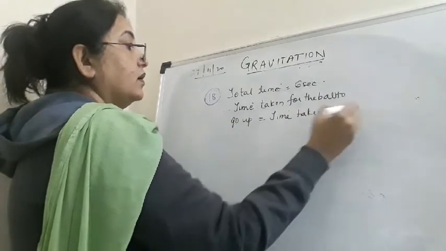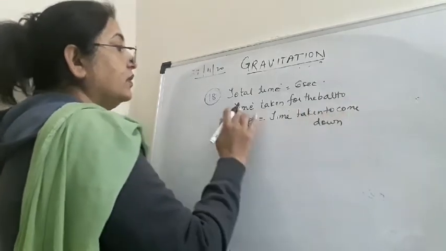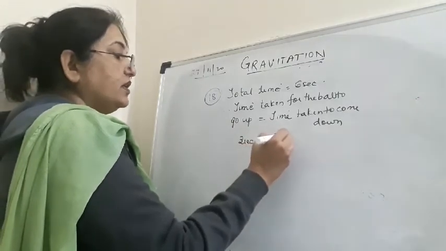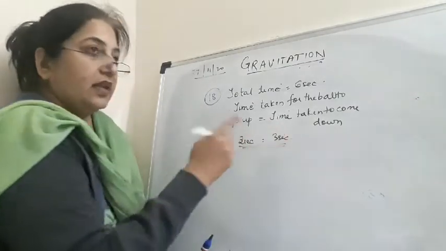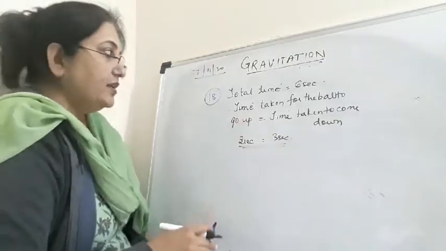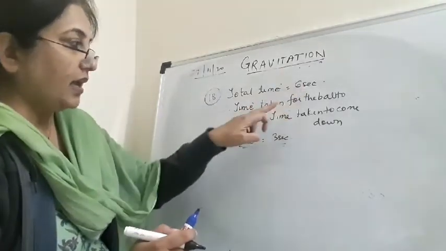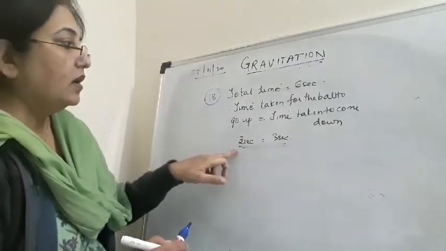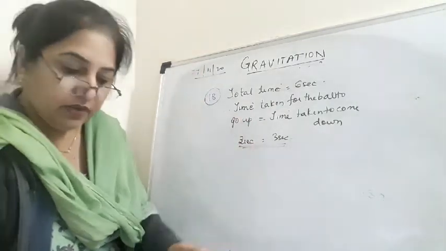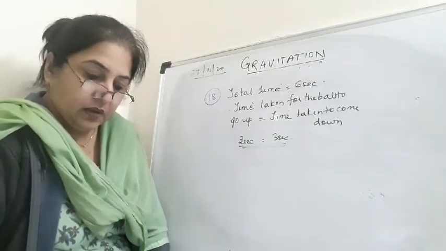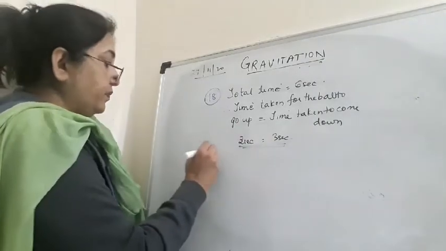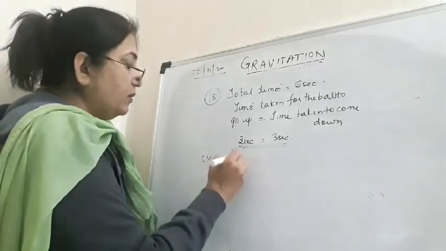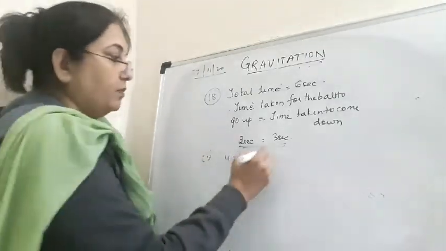Therefore this will be 3 seconds and this also will be 3 seconds, so total will be 3 and 3, 6 seconds. Fine. Now, first find the velocity with which it was thrown up. So u will be equal to 0 before throwing.